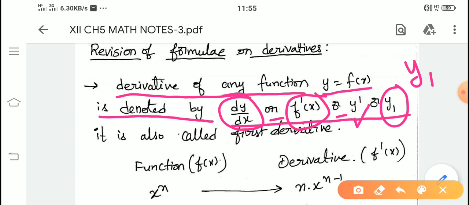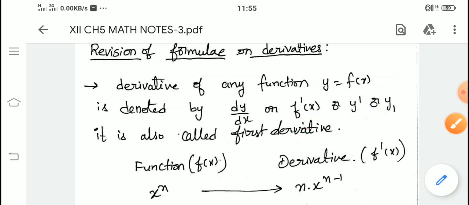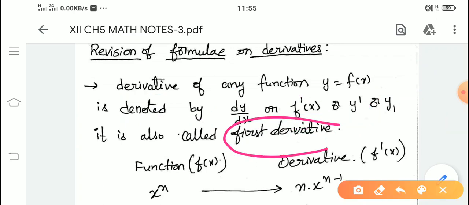That's why you should know the notation and symbols used for the derivative. Since we are differentiating the function one time, it is called the first derivative. y1 is the first derivative, y dash is the first derivative of y, f dash of x is the derivative of f of x.